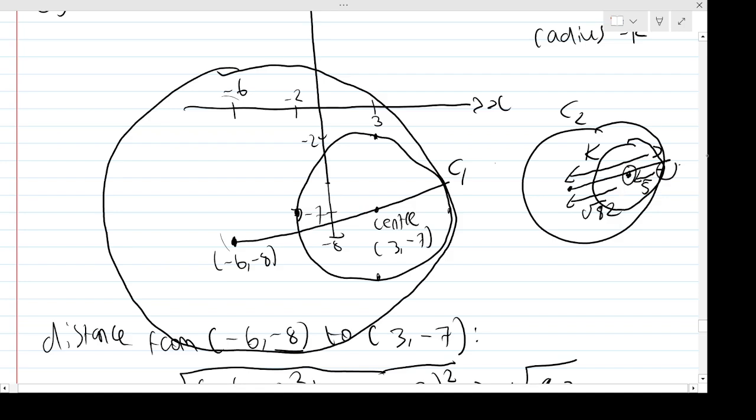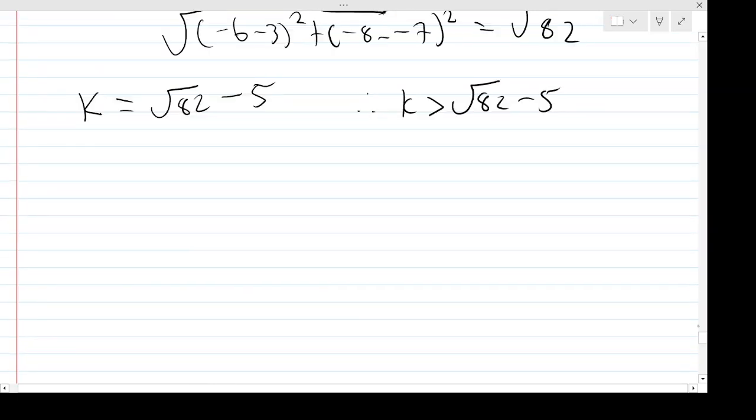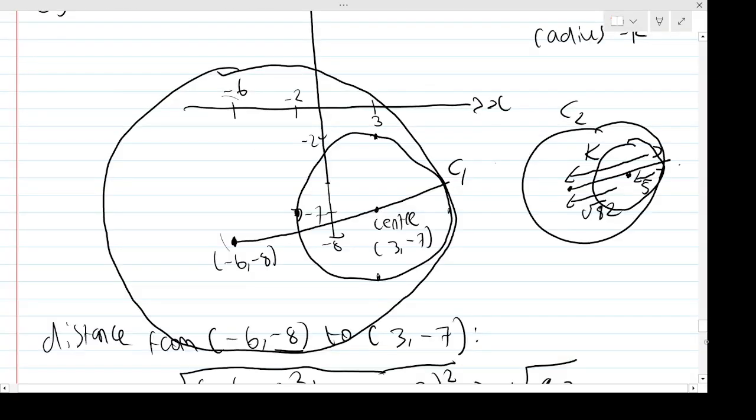From the centre to the outside of the other circle, okay? That whole distance then is K, the radius of C2, okay? So the upper limit is when K is equal to root 82 plus 5 in that case. Because then I add the two components here and here, right? To get the whole line in that case.